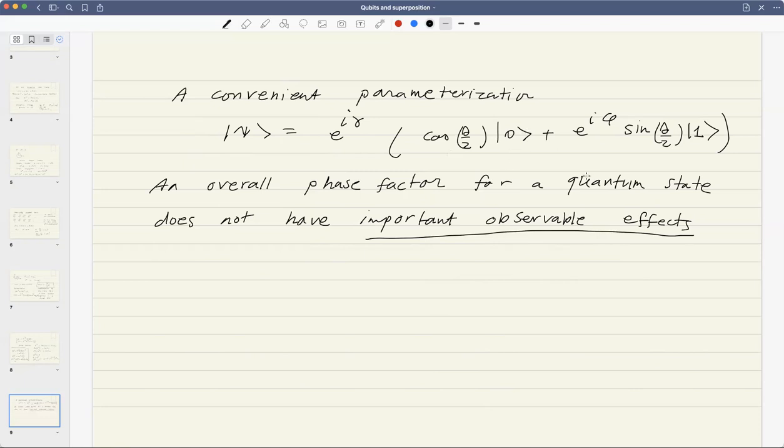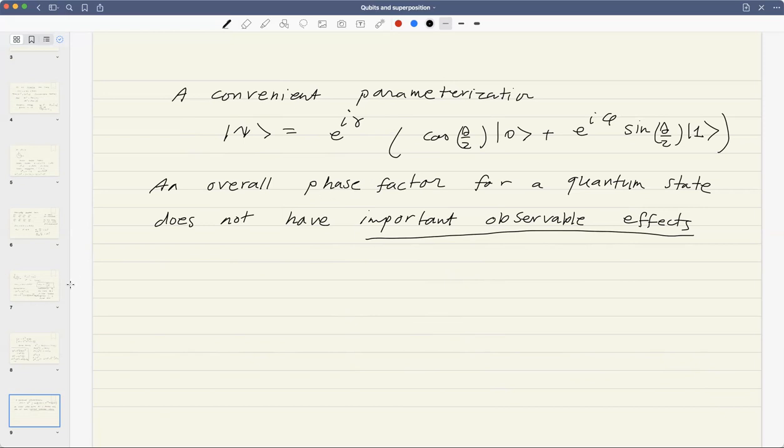But it turns out if you measure something else instead of these zeros and ones, or if you evolve the system in a way that mixes the states, for example, an evolution that takes 0 to 1 over square root 2 of 0 plus 1 and takes 1 to 1 over square root 2 of 0 minus 1, then the relative phases actually have important consequences. But this overall phase, it turns out, is not important. So it's conventional to just drop it.